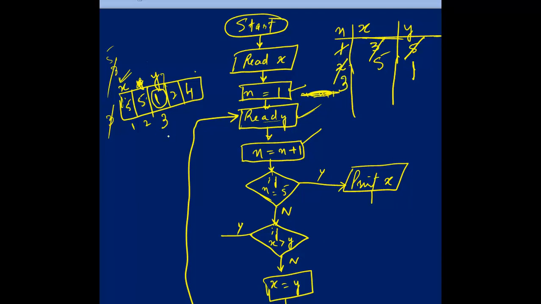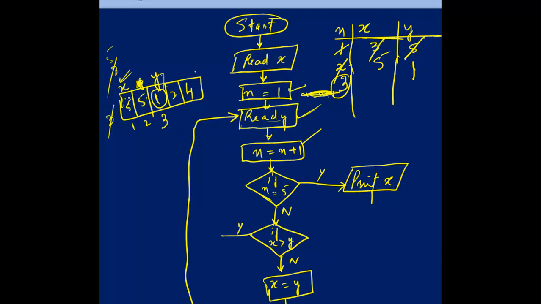Okay. Now what will we do? Now we will move forward again to this point, because n is equal to 3 now. If n is equal to 5, we will check, but n is 3 only now, it is not equal to 5. So this condition will be no, then we check if x is greater than y.